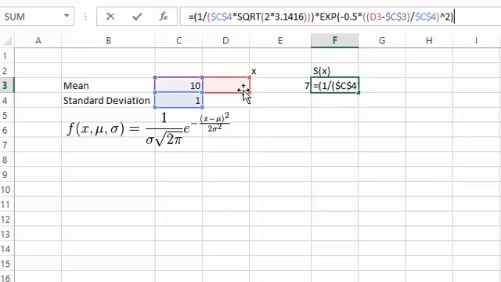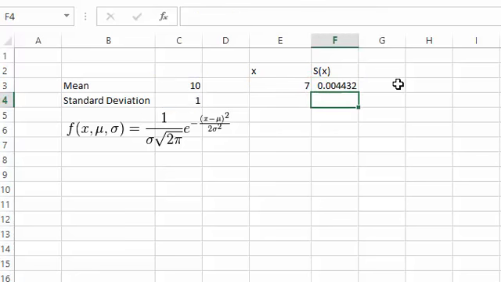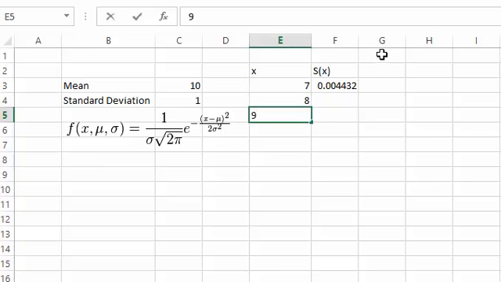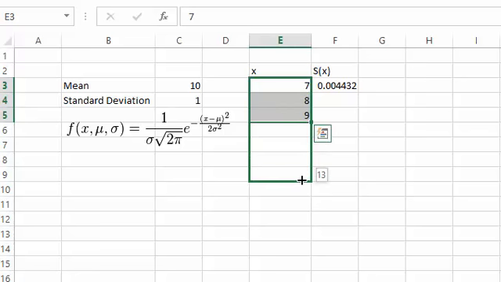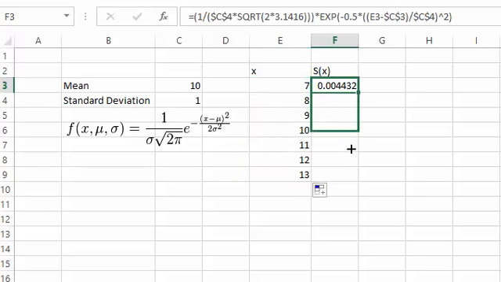See, it's taking this value for the x, so let's change that to this. Alright, I think everything is clear, and let's approach the mean: 8, 9, and let's just drag this down so it's easier. 10, 11, 12, 13, there, that's 3 standard deviations away from the mean. Alright, and let's just drag this down there.